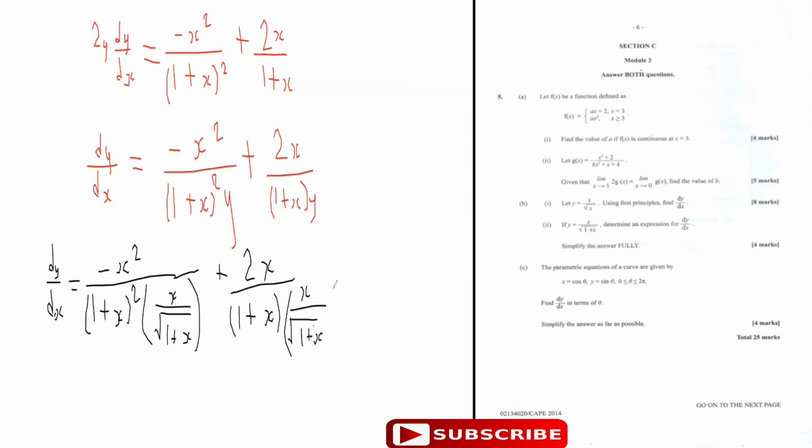And then to simplify this now, you'd want to say, oh gosh, I have to simplify this. Yes, to simplify this now, you would have to go that this would become minus x squared over 1 plus x squared times x. Remember, 1 plus x squared is 1 plus 2x plus x squared.